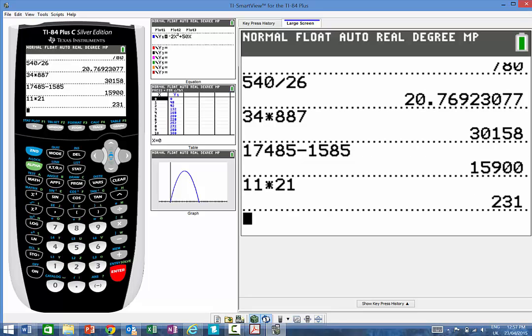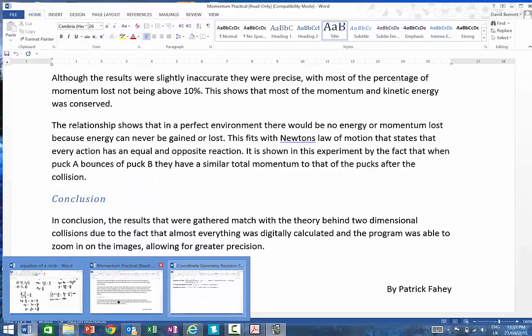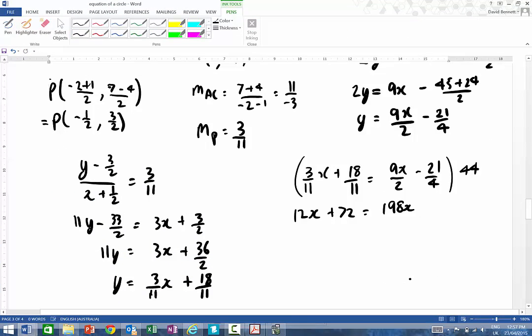231. Right, so if we go back to my document, so that's going to be take 231. Then obviously you're going to bring all the x's to one side and all the numbers to the other side, so it's going to be 72 plus 231 equals 198x take 12x.